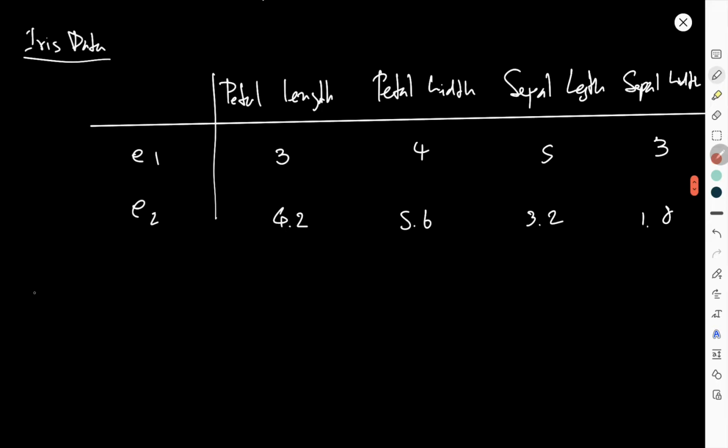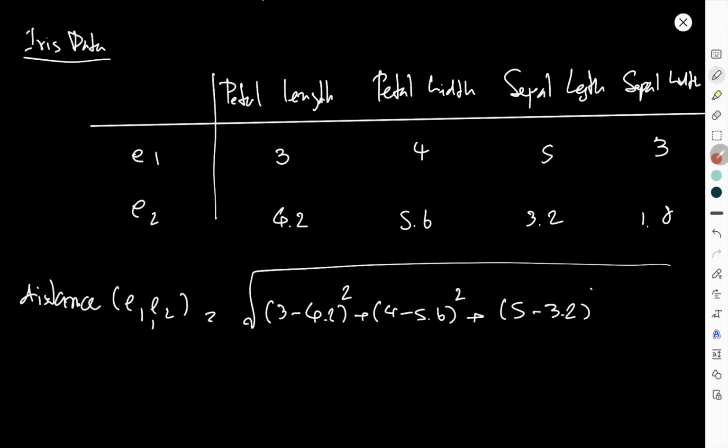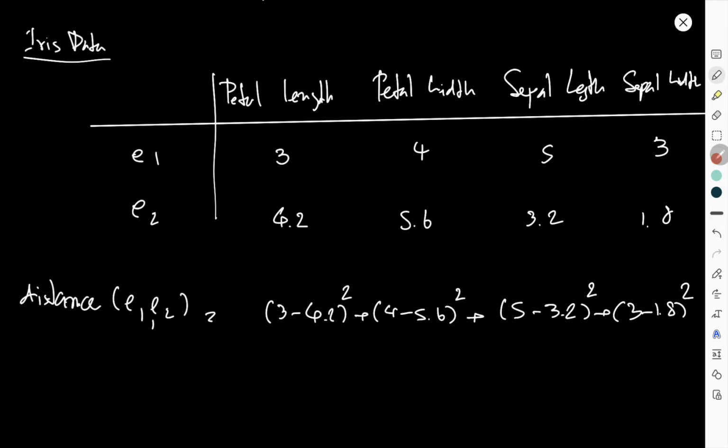So the distance of E1 and E2 you can calculate using the square root of (3 minus 4.2) squared plus (4 minus 5.6) squared plus (5 minus 3.2) squared plus (3 minus 1.8) squared. And if you want to compare it with others, you don't need to use the square root. That's all to find the distance between 2 examples.